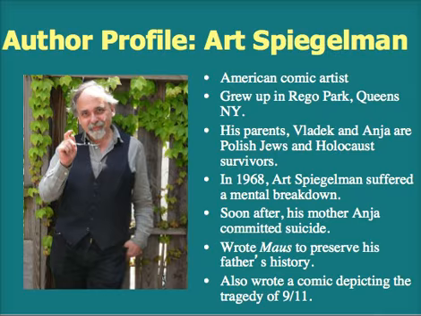At the very beginning of the book, we do learn that Anya, Art Spiegelman's mother, had committed suicide when he was a younger man. So he suffered this mental breakdown when he was in his early 20s. His mother committed suicide when he was still in his 20s.